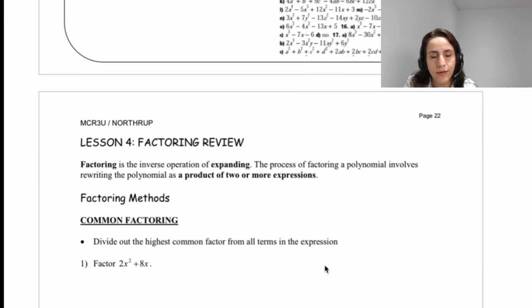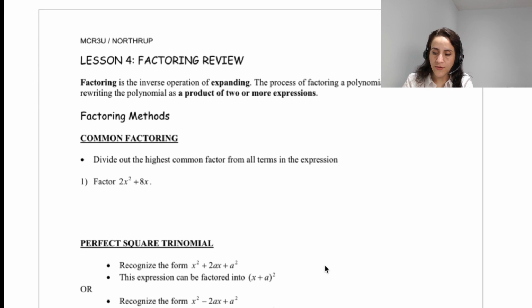Lesson 4 is starting with the factoring review. If you remember, factoring is almost the opposite direction of expanding. Expanding, we are multiplying two brackets or a couple of expressions together. Here we are trying to write one expression as a multiplication.